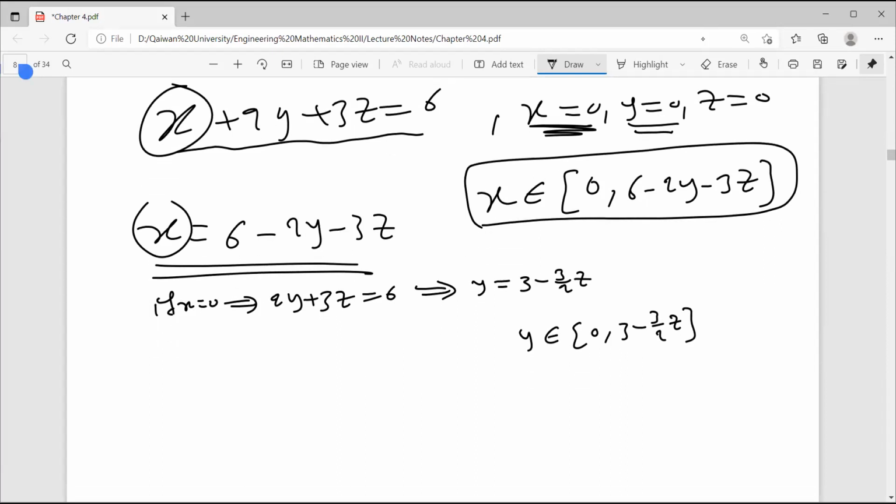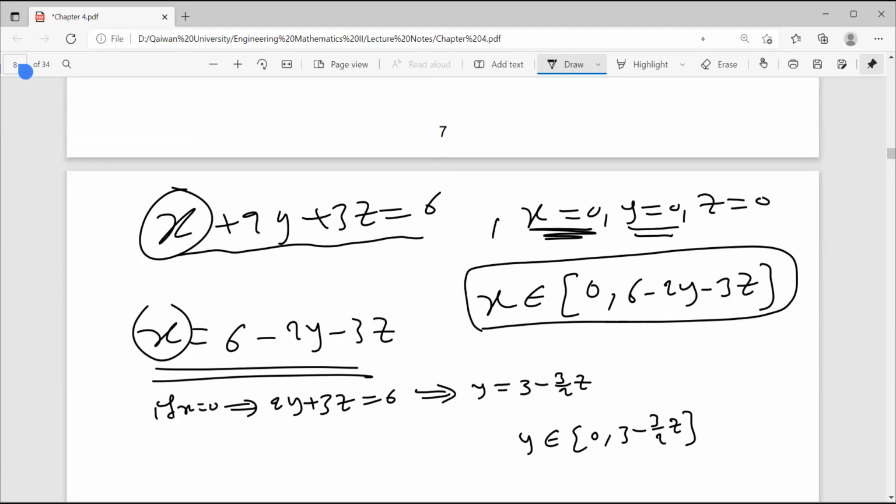And if x and y are 0, here, x could be 0, y could be 0 also. Just a moment. I'm gonna do it in 3 different ways.